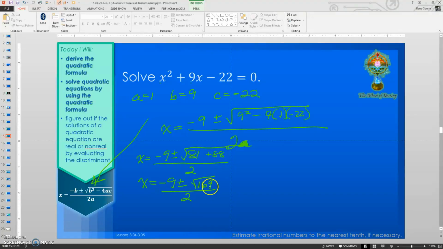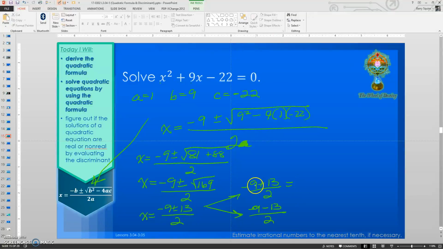Well, I think we're okay because actually I recognize that 169 is the same thing as 13 squared. So we have x equals -9 plus or minus 13 over 2. So now we start simplifying and we take the positive version, -9 plus 13 over 2 and -9 minus 13 over 2.